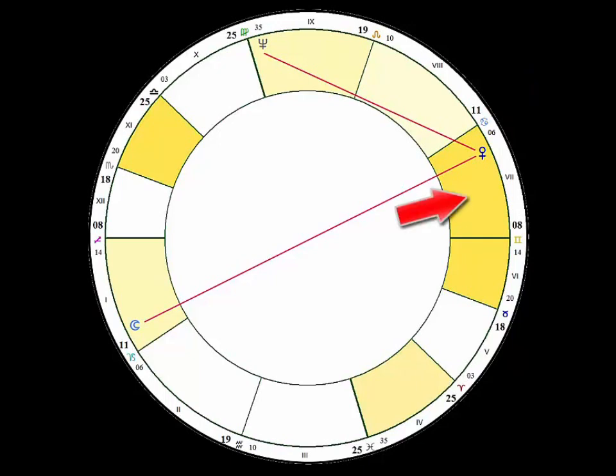In the 7th house, by being located there, in the 11th house, in the 6th house, through sign rulership. Remember, Venus rules Libra and rules Taurus. In the 9th house, by aspecting Neptune, who is located in there, and in the 1st house, by aspecting the Moon, who is located there.